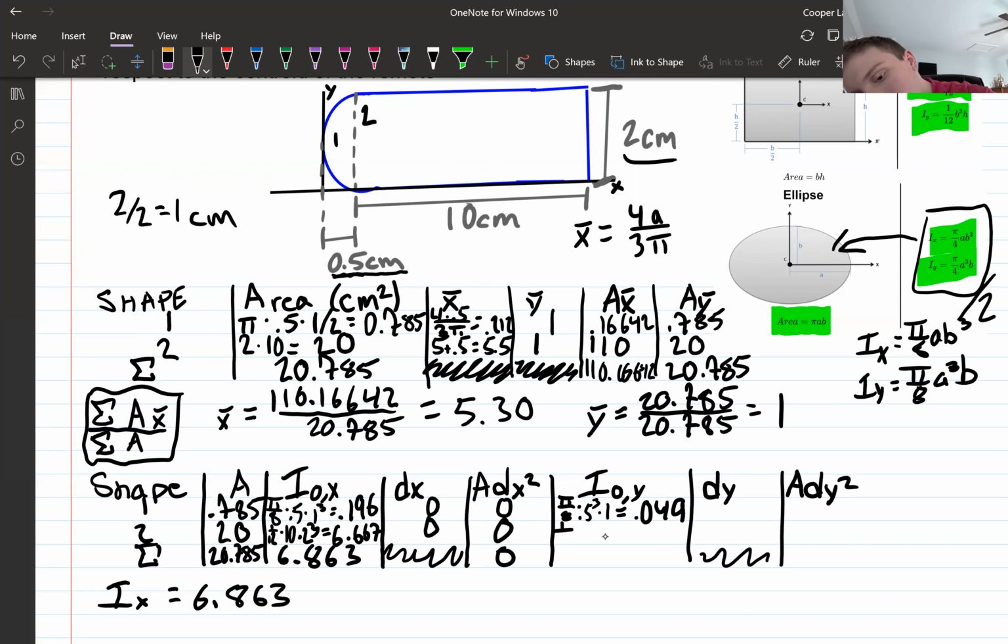Now we're going to do the same thing for our rectangle. If you remember, our rectangle was 1 over 12 times our base cubed, so 10 cubed times 2. When I multiply all of that out, I'm going to get about 166.67. So now I'm going to get a total for these.